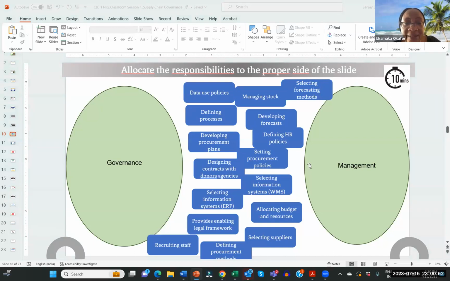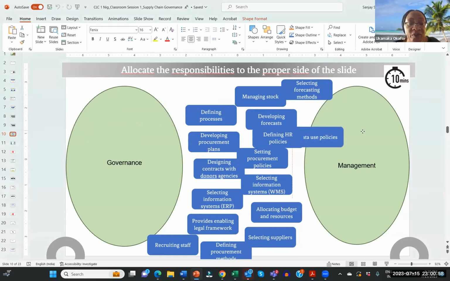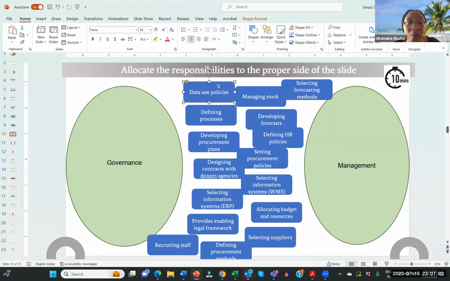So something like data use policies, you are supposed to say, is it under governance or under management? So when you raise your hand, you pick one and you say where it's supposed to be. Mr. Sanjay will be the one to lift it and place it in that place. So when we have done all of them, then in the next slide, we are going to compare what we have done with what is in the next slide.